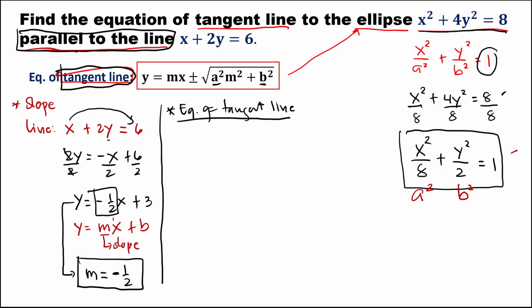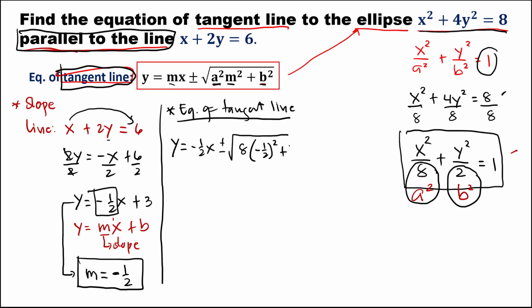then from this formula, y equals the slope m, which is negative 1 half, times x, plus or minus the square root of a squared, and a squared is equal to 8, times the slope negative 1 half to the power 2, plus b squared, that's 2.